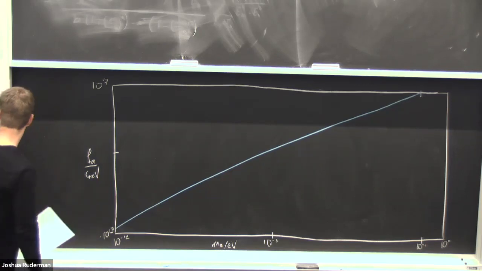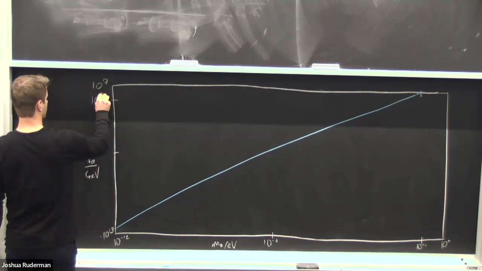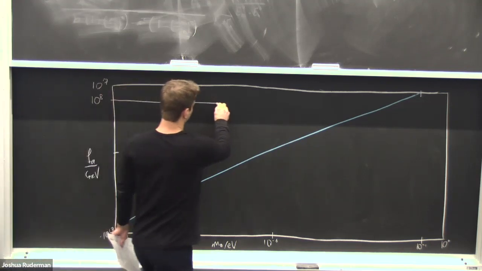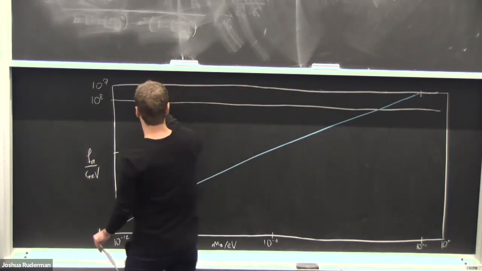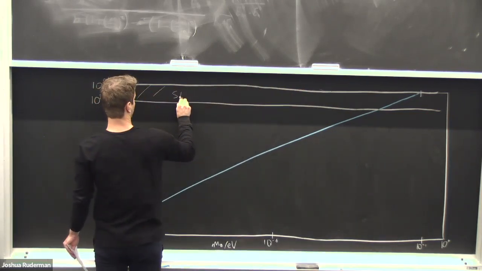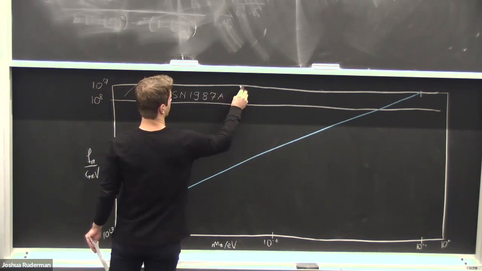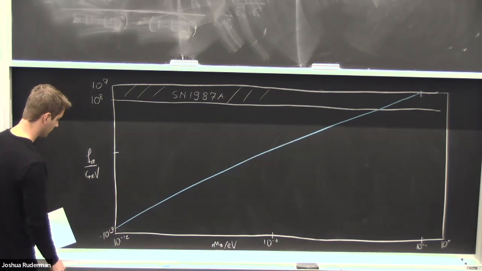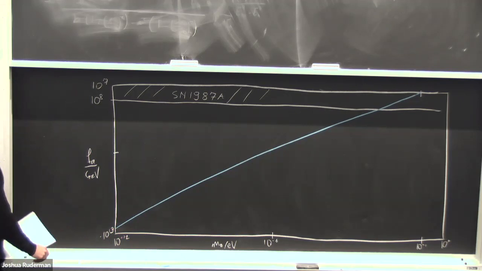So yeah, I won't talk about it too much, but we know that the decay constant is excluded above 10 to the 8 GeV. This is all excluded by not having seen excess cooling from supernova 1987A. And we have some theoretical bias saying that the decay constant should be less than Planck.